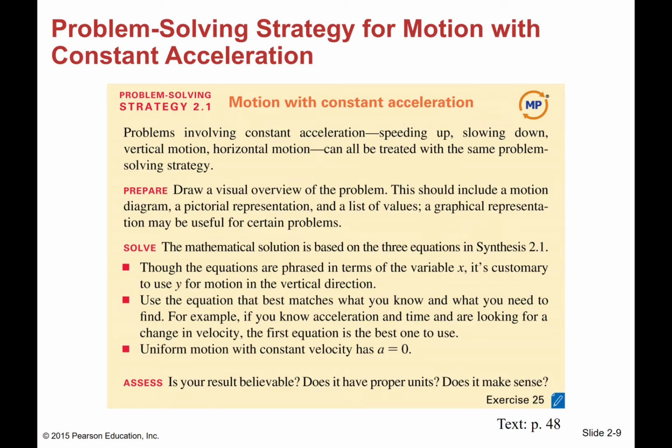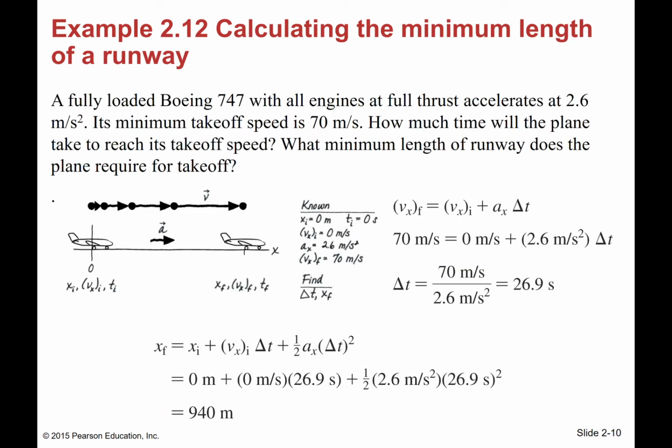So here again is the 3-step: prepare, solve, assess. Of those, prepare is the most important, and drawing this picture, having a visual overview of your problem, is very important. So let's do one more problem here.